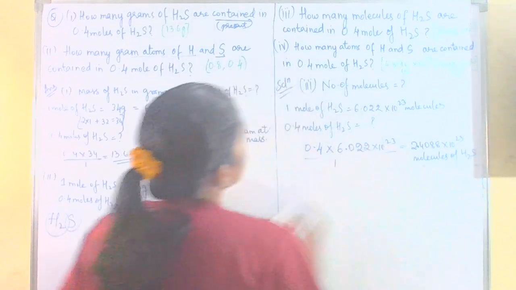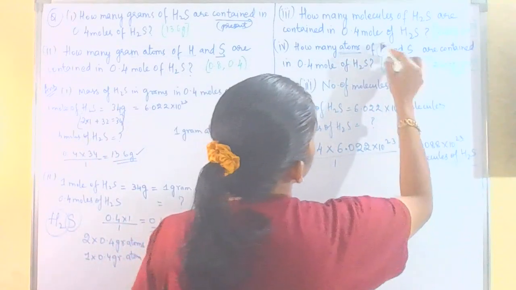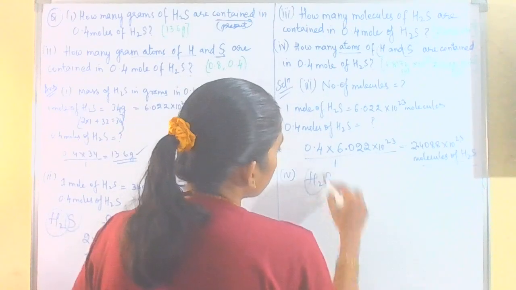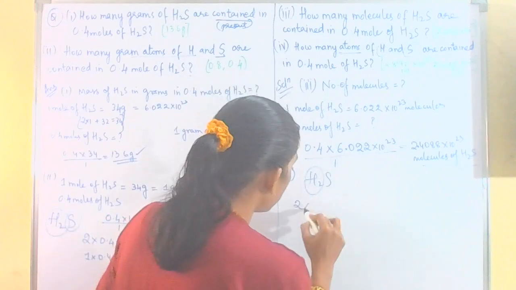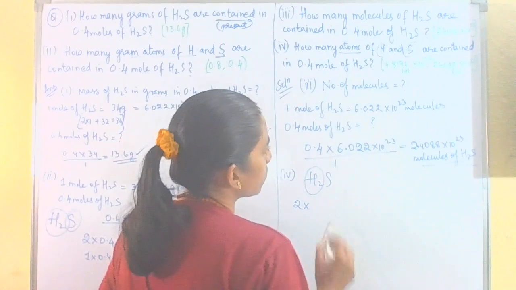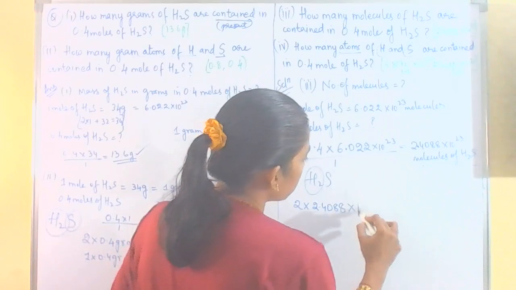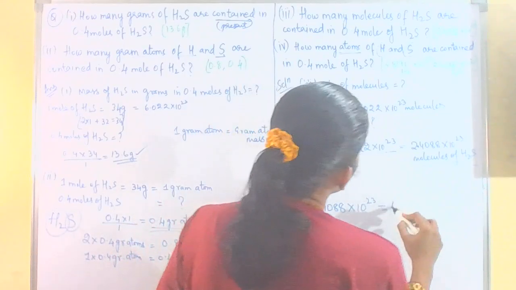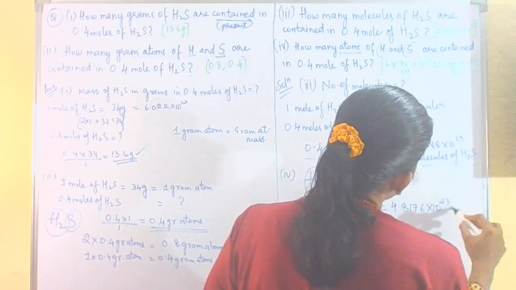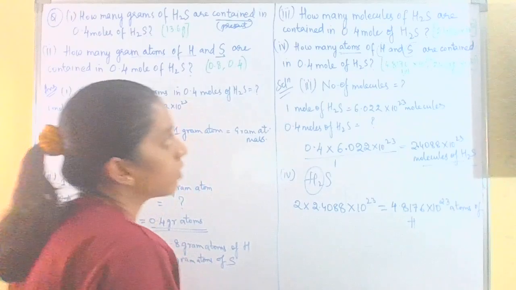Okay. In the fourth one, they have asked us to calculate the number of atoms of hydrogen and sulfur separately. So we have in H2S 2 atoms of hydrogen. So 2 into the number of molecules of H2S in 0.4 moles of H2S, 2.4088 into 10 to the power 23, which is equal to 4.8176 into 10 to the power 23 atoms of hydrogen present in 0.4 moles of H2S.